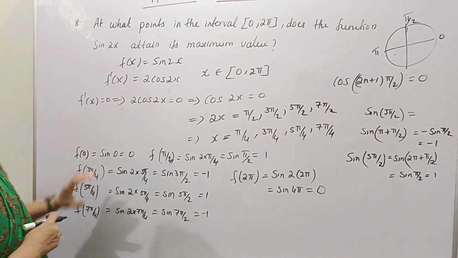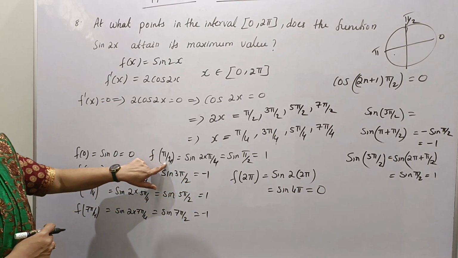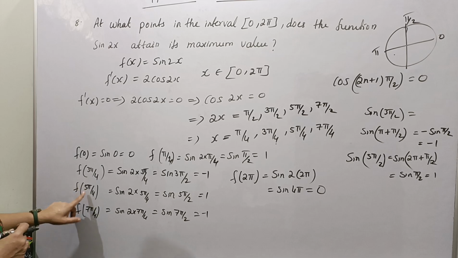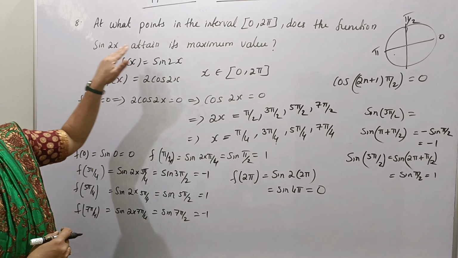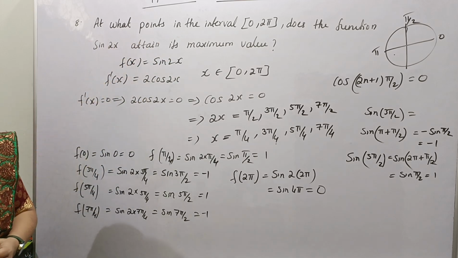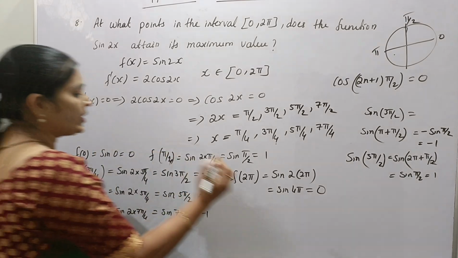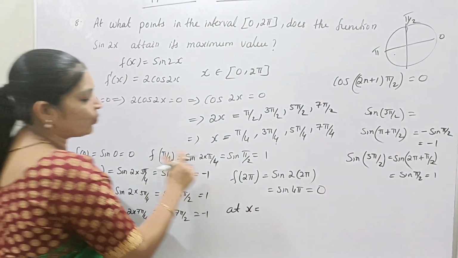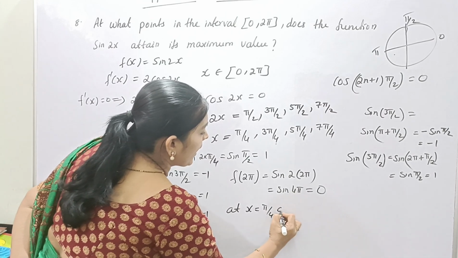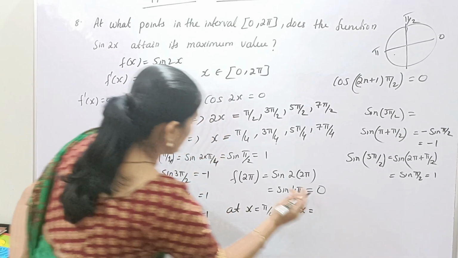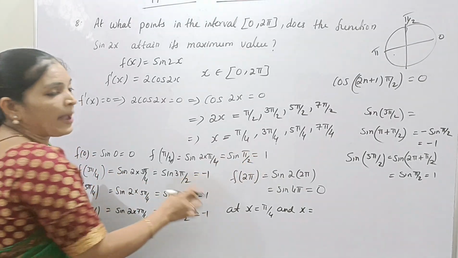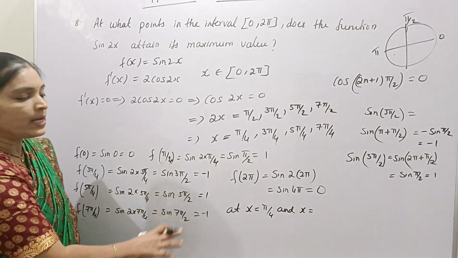Therefore at x equal to pi by 4 and x equal to 5 pi by 4, the given function attains its maximum value, because 1 is the maximum value among these values.